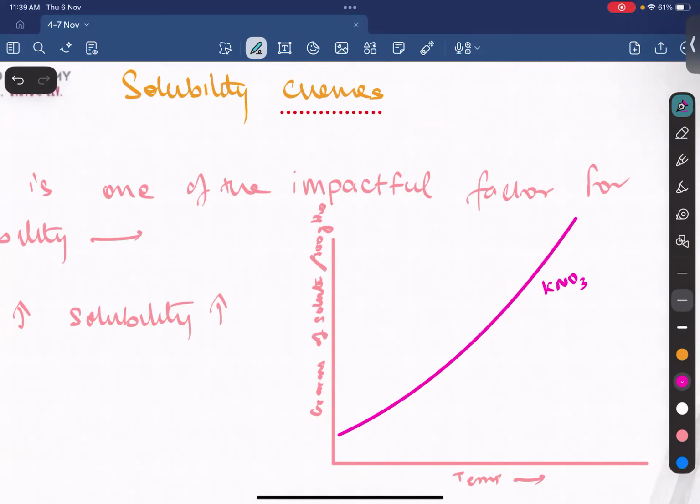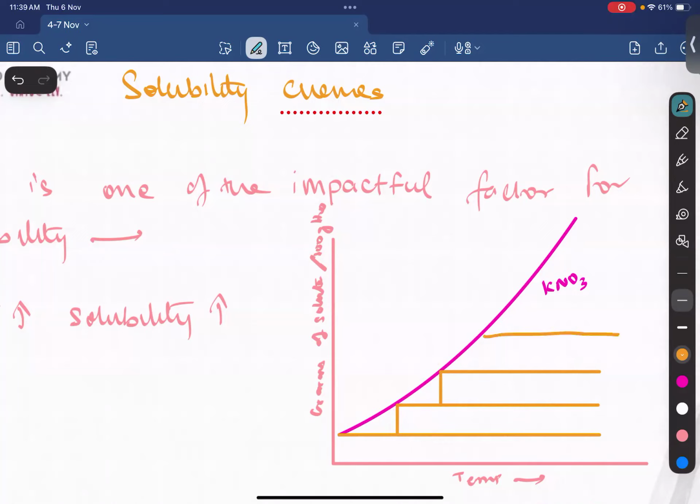It means that as you increase the temperature, initially the solubility will increase very slowly. But after a certain point, it will increase rapidly. Am I right? See here, the distance is very less, right? But suddenly, at this point, the distance becomes very large.